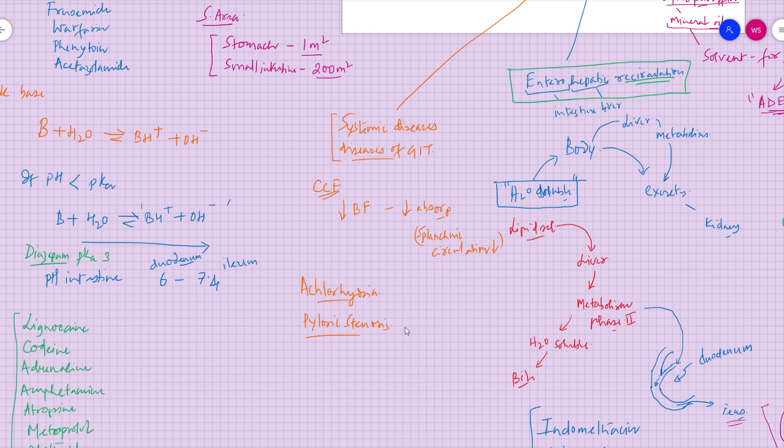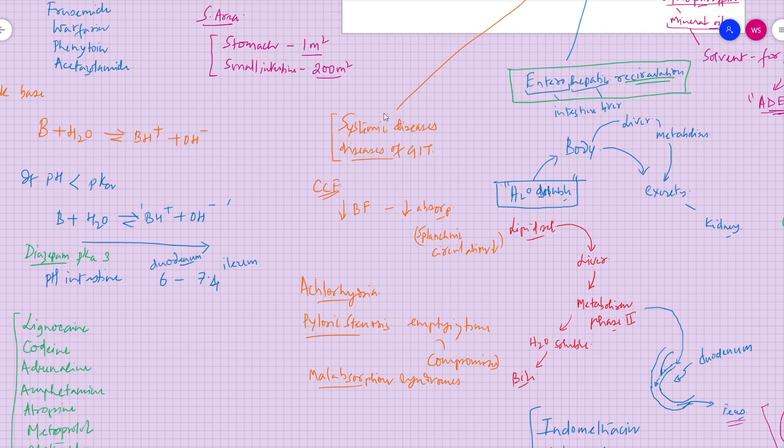As a result, the emptying time will be compromised and absorption might slow down. Or there can be some type of malabsorption syndromes. All this can reduce the absorption of drugs from the GIT.